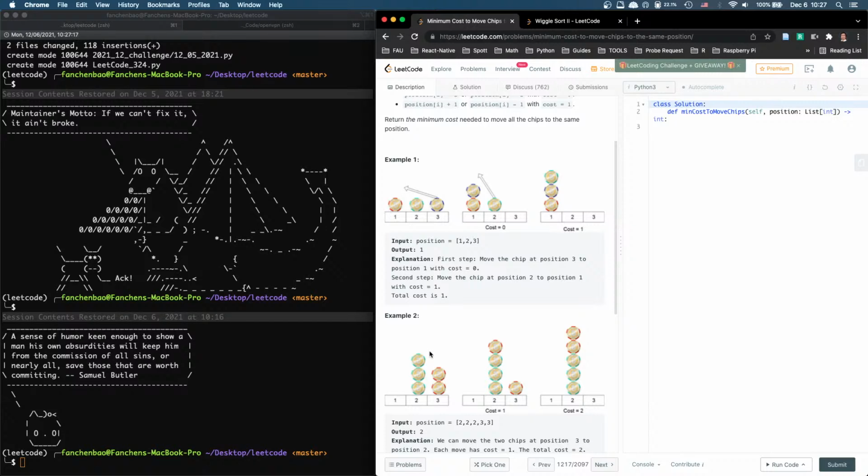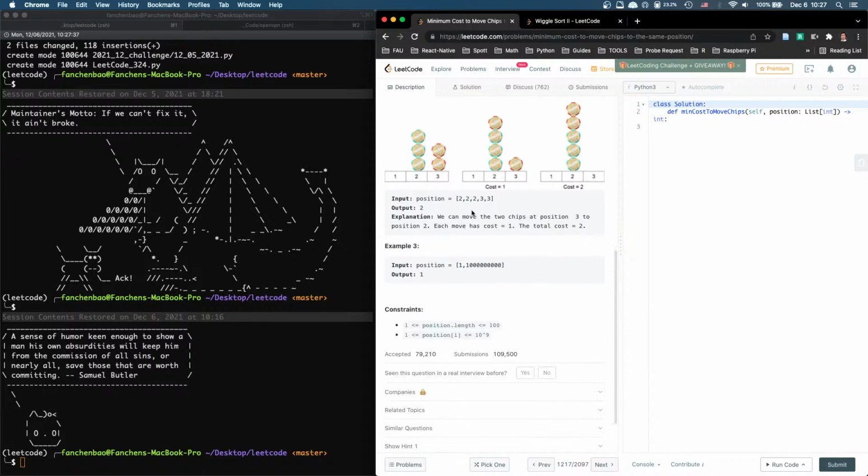So every even one can move to 2, every odd one can move to 1. So at the end, it's just to compute the total number of chips on even positions and the total number of chips on odd positions, and return the smaller of the two. So that's my solution.